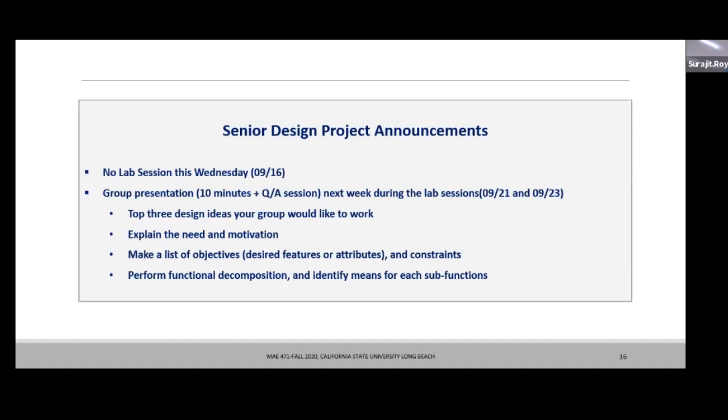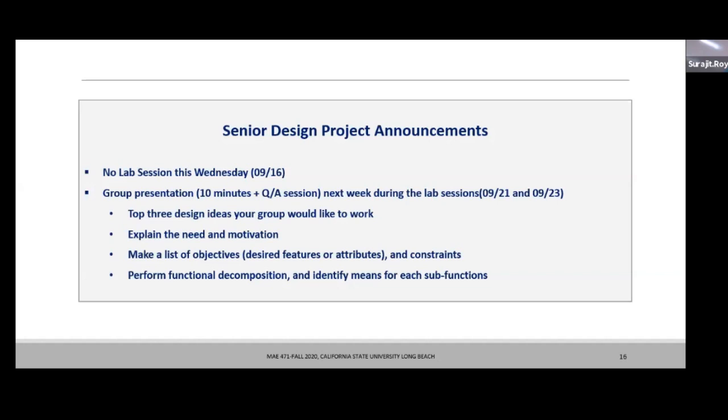And what you are going to present is the top 3 design ideas that your group would like to work on. There may be cases where you are thinking of taking a project from a company or some outside organization. That's fine. But for this specific assignment, what I need is for you to work on the top 3 design ideas that your group thinks can be taken as a senior design project.